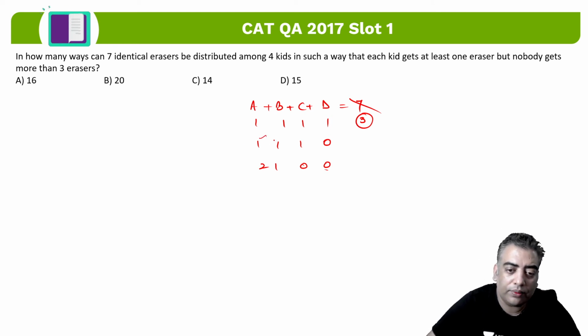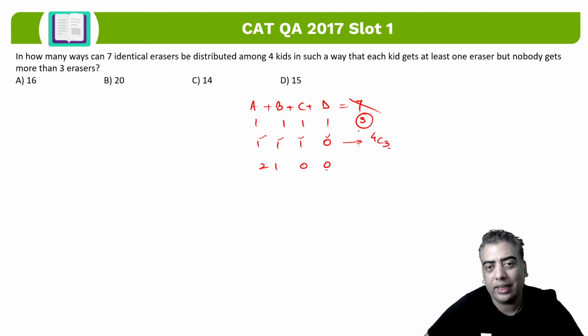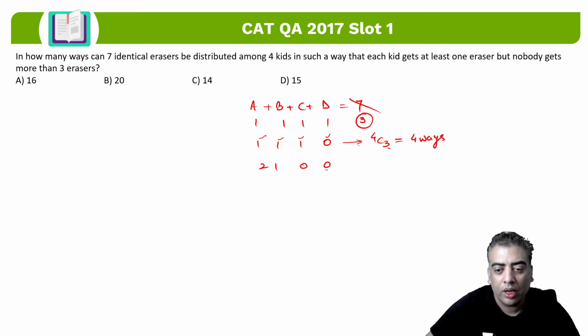So if 1 1 1 and 0 is to be distributed, can I say out of 4 kids we can select any 3 kids and those 3 kids will be given 1 1 1 eraser. So 4c3 gives me a total of 4 ways of distributing these 3 leftover erasers among these 4. Now if you want to distribute 2 1 0 0, this 2 can go to any of the 4.